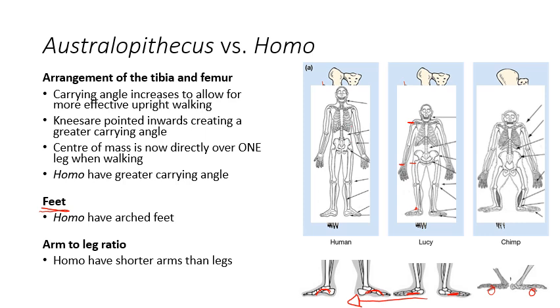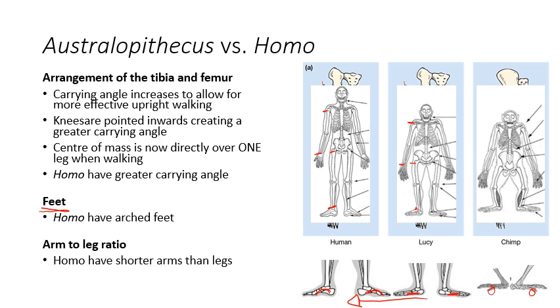You probably haven't tried this, but if you were to measure from your shoulder to your wrist, the length of that is going to be significantly shorter than from your hip to your ankle on your leg, okay? And that feature has developed over time because there is no real advantage to having longer arms anymore.